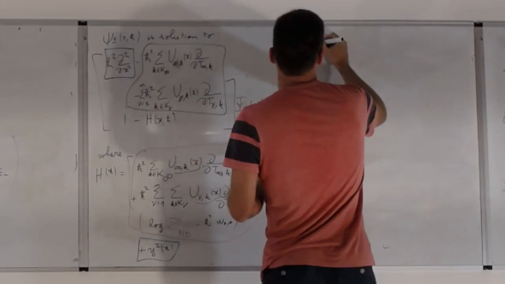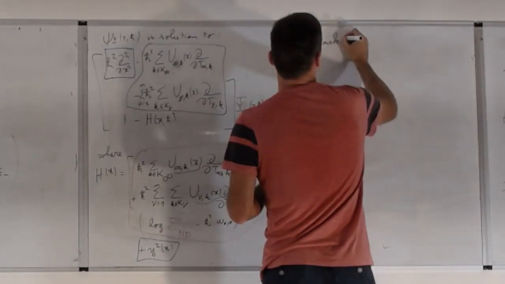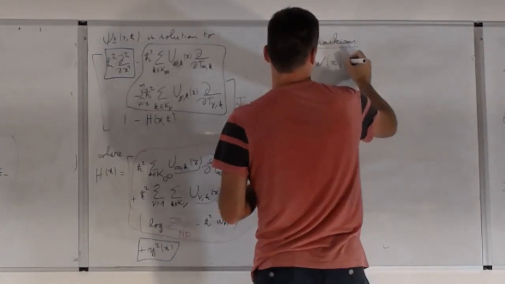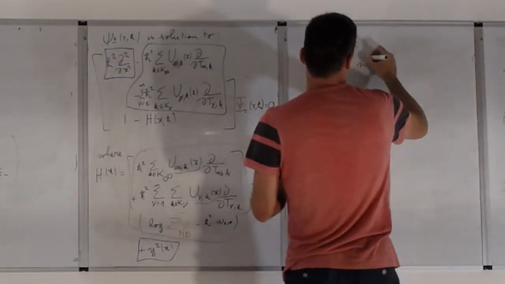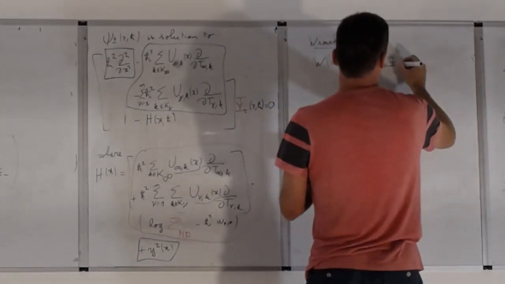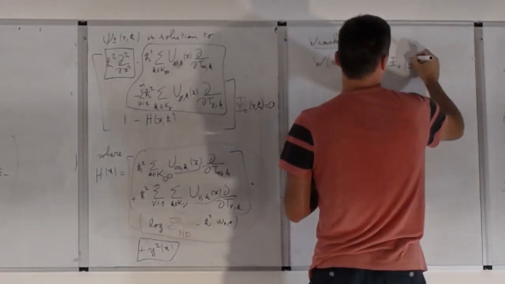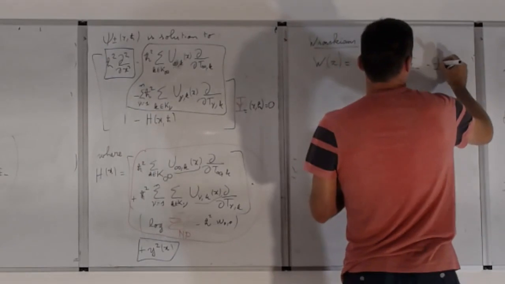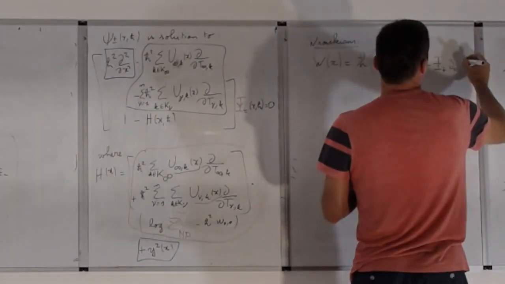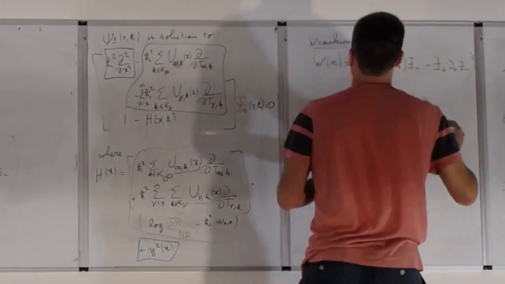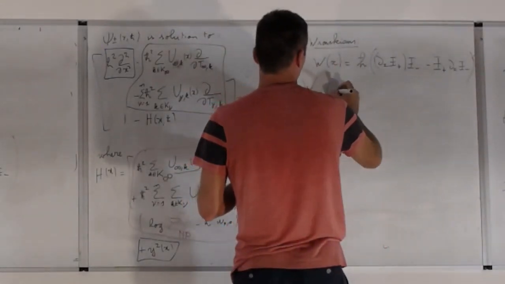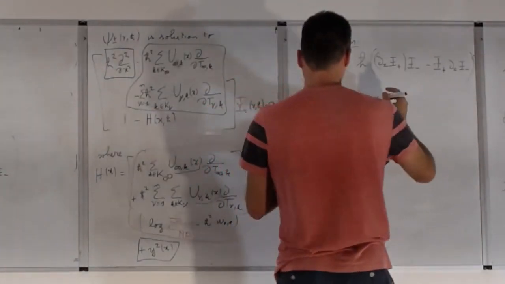So first, you introduce some W of x. I have to put the sign. And you also need the Wronskian relative to pk.